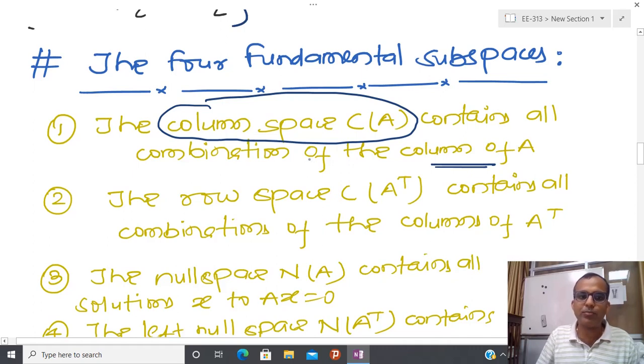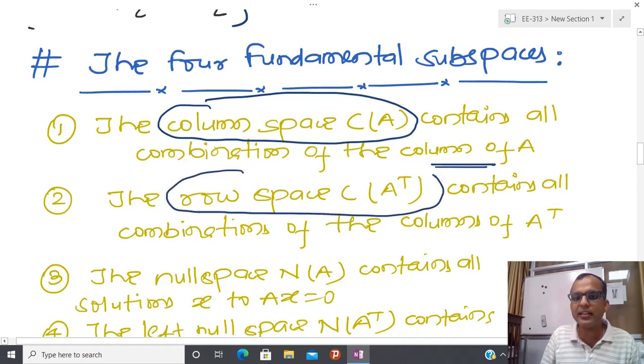I will explain this point in detail in the next part. Just first try to see the definition. Similarly, I have the row space. Row space is nothing but you take the transpose of this matrix A and contain all combinations of the columns of A transpose. So that is the meaning of the row space.